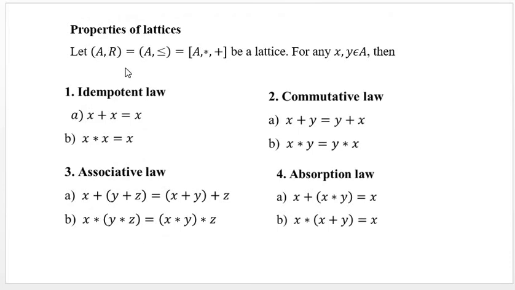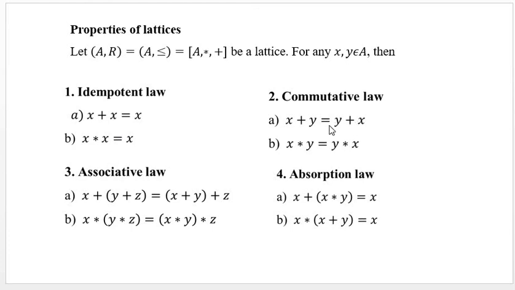Any lattice satisfies certain properties. For any x, y element of A, it satisfies the idempotent law, commutative law, associative law, and absorption law. Idempotent law: x plus x is equal to x and x star x equal to x.